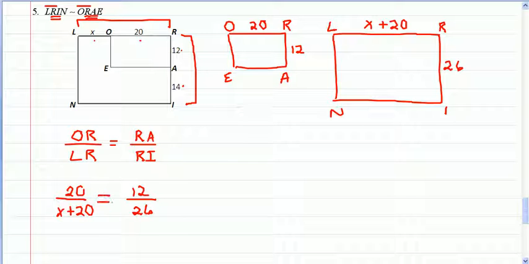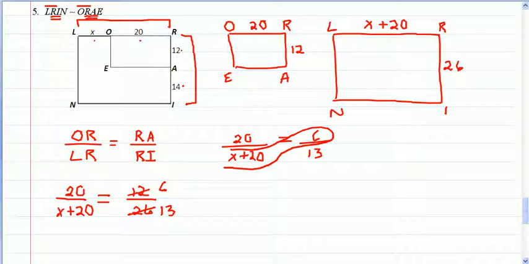Place an equal sign in between, and we're ready to cross multiply. But before I do that, I notice that 12 and 26 are both even, so let's divide them both by 2. This way the calculations are simpler, and I'll rewrite it again as 20 over x plus 20 equals 6 over 13.